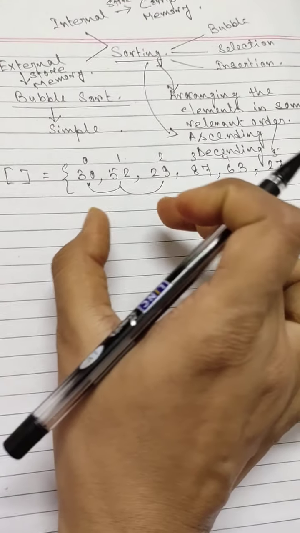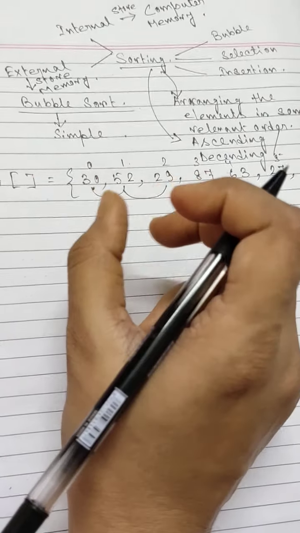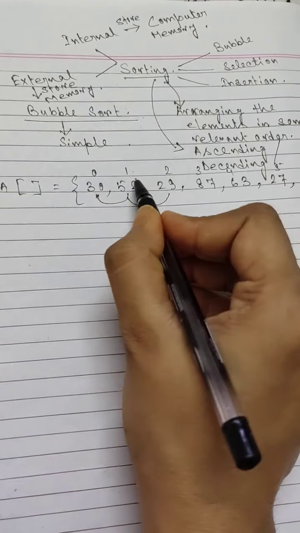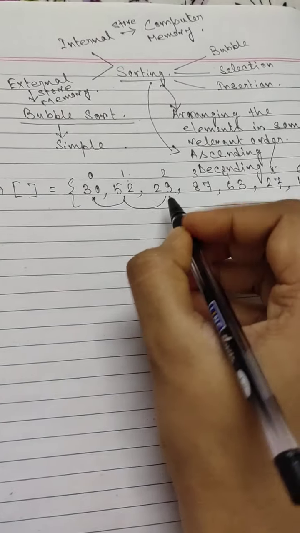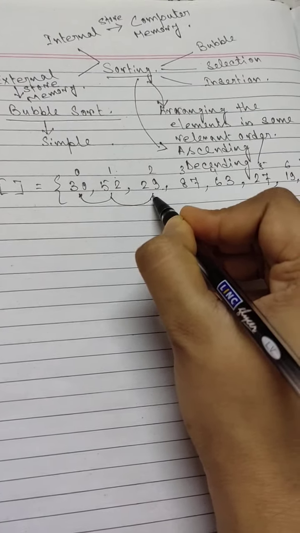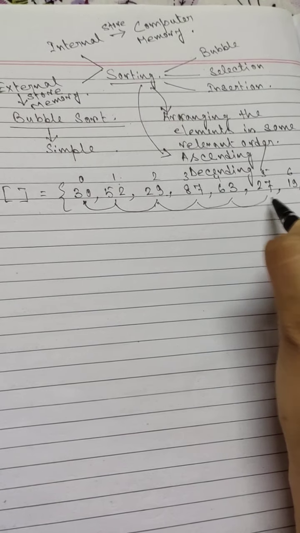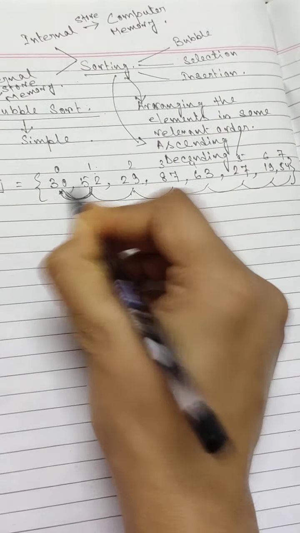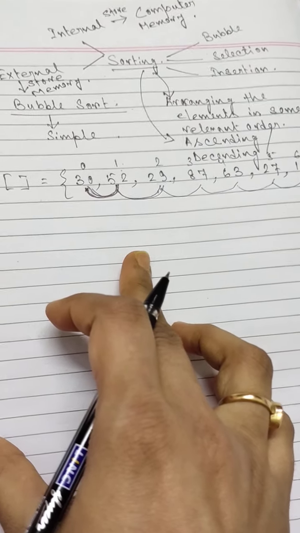First we compare the value at 0 with 1, then 1 with 2 and so on. A bubble comes when we compare these two, so that's why this is known as bubble sort.